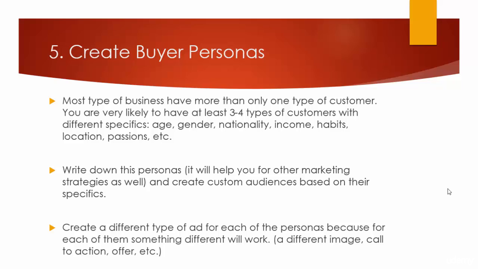Obviously you will need to create a different type of ad for each of the targetings that you have, because they will react to different elements, to different psychological triggers. So that's very important. If you have your buyer personas right, you know how to target them, and you will know what triggers they will react to.